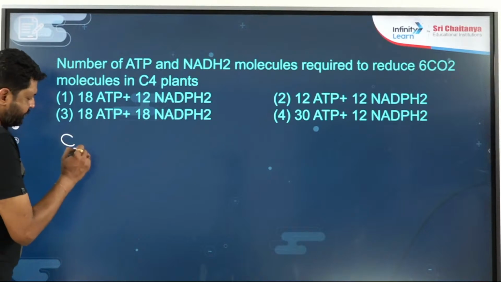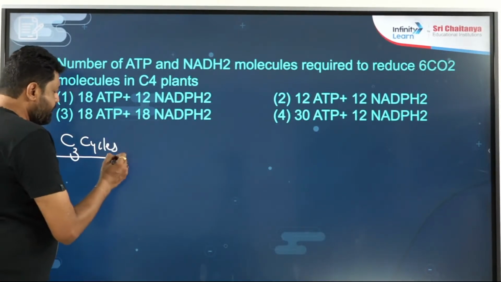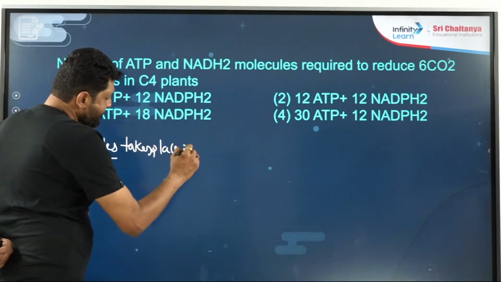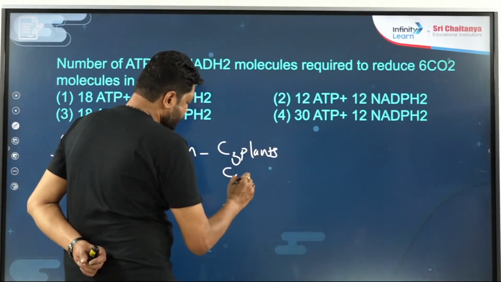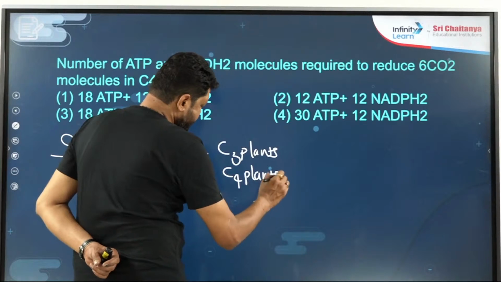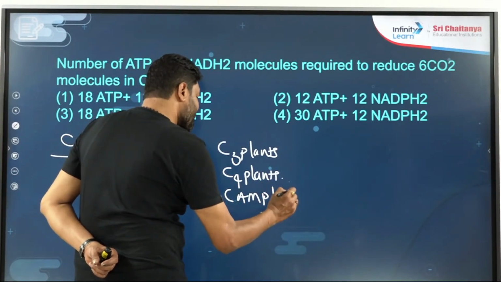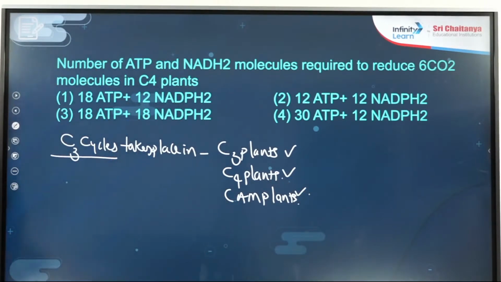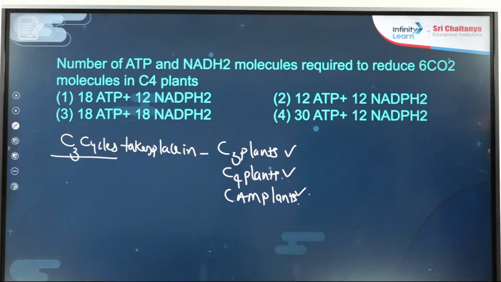The C3 cycle or Calvin cycle takes place in C3 plants only, C3 and C4 plants, or C3, C4 and CAM.